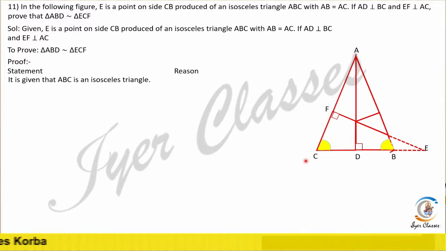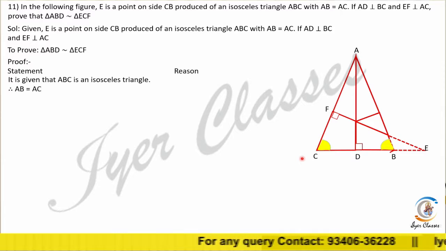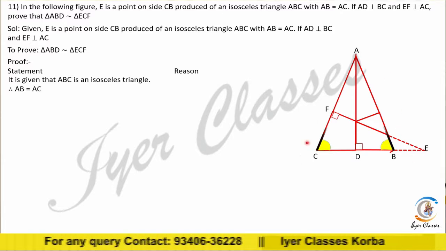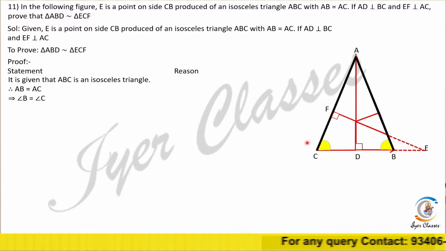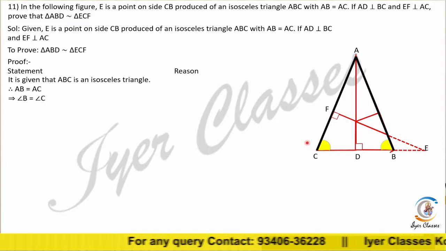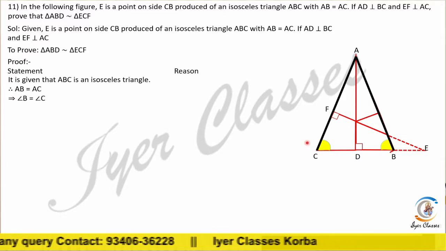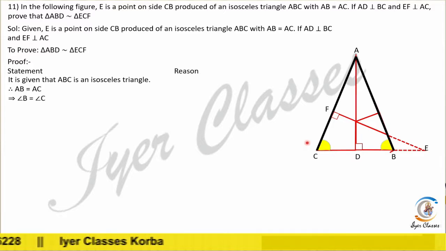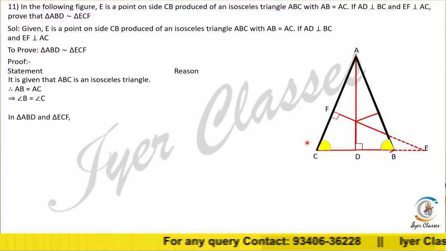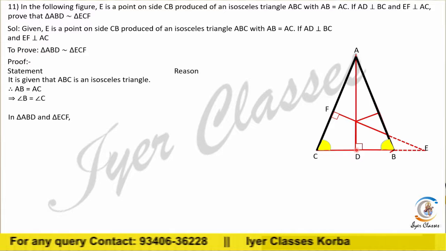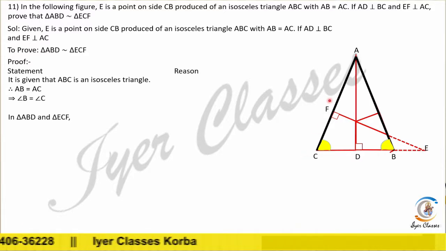You're given that triangle ABC is an isosceles triangle, AB is equal to AC, that is also given. So, that makes angle B equal to angle C. The yellow angles are equal, right? According to the isosceles triangle property, if two sides of a triangle are equal, the opposite angles also will be equal. Now, consider triangle ABD and triangle ECF.